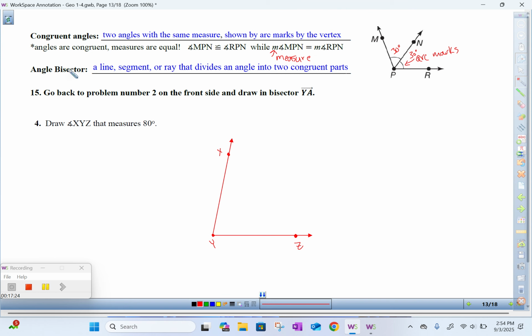Now, an angle bisector is a line segment or ray that divides an angle into two congruent parts. So what that means for us is this PN is the angle bisector. Okay, you might highlight it to show and label that.